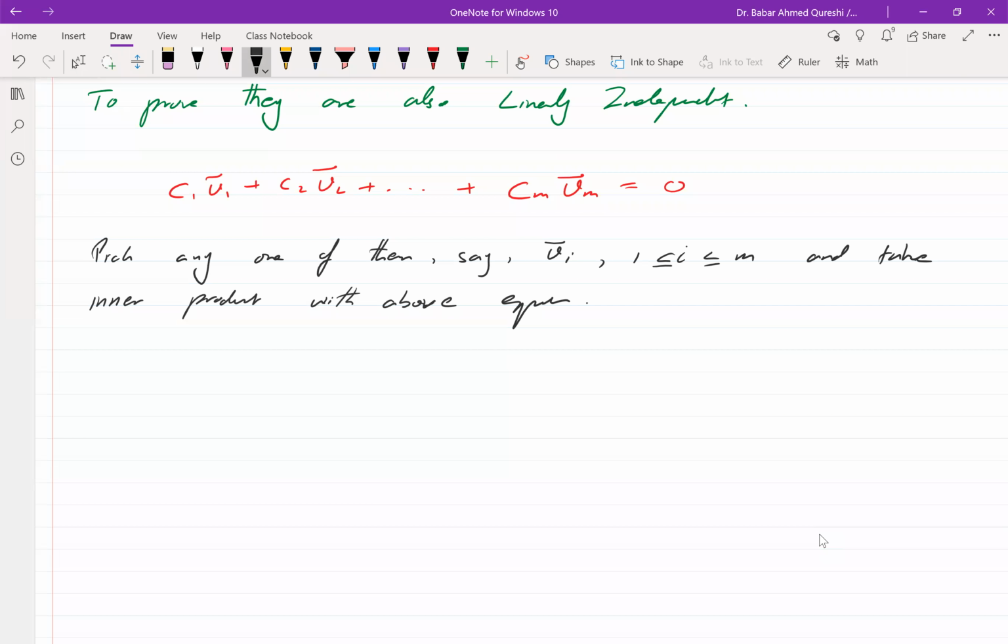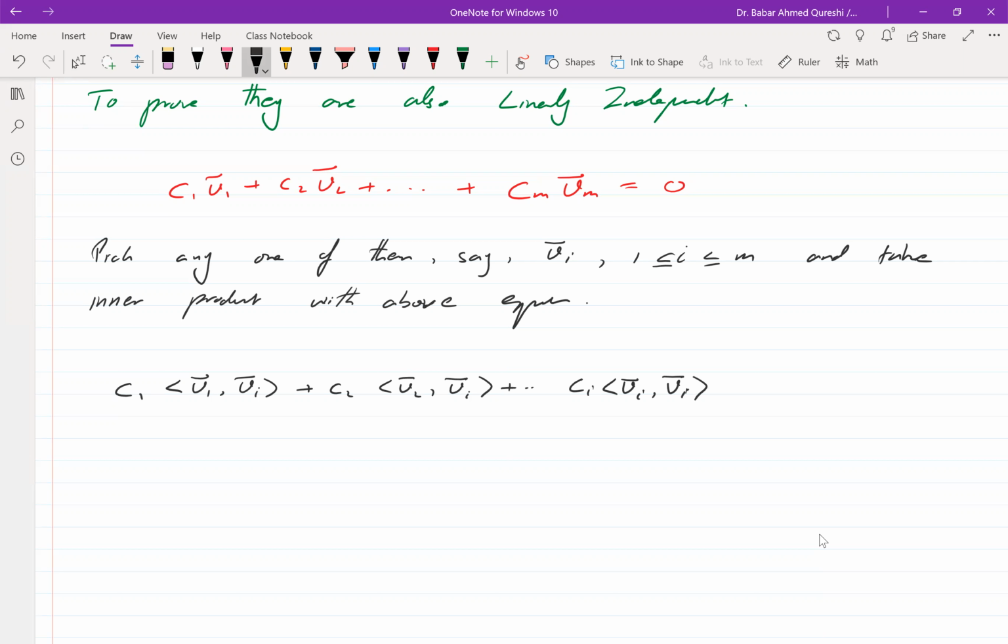On the left hand side, by the properties of the inner product, it breaks up. Then at some point you will encounter this Vi, whichever you chose.